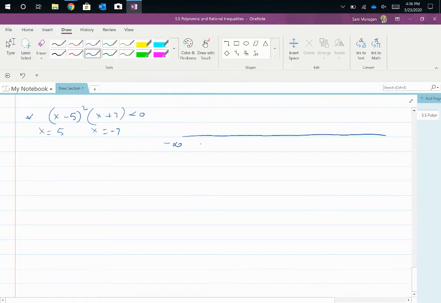We've got negative infinity to negative 7, to 5, to positive infinity. So we've got, sorry, 3 intervals: negative infinity to negative 7, negative 7 to 5, and from 5 to infinity.